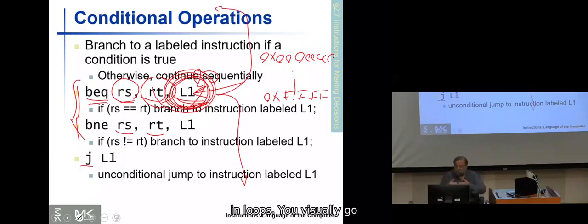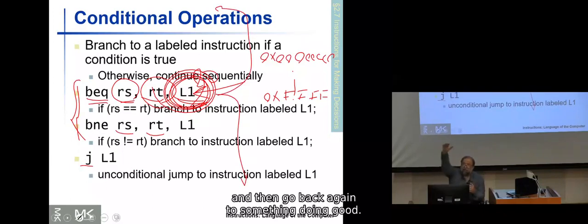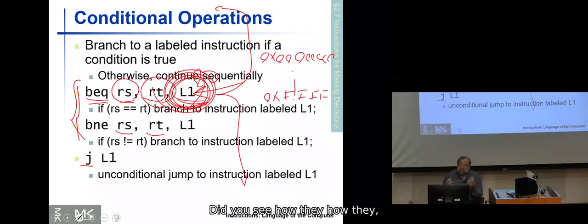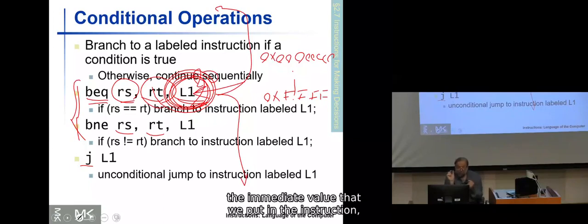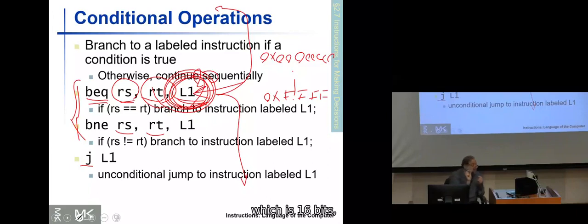For example, in loops, we usually go back to do something and then go back again. Do something, then go. Did you see how they think about this, how they designed the processor? This L1, the immediate value that we put in the instruction, which is 16 bits, would be an offset relative to the current position. So it has been solved a lot.